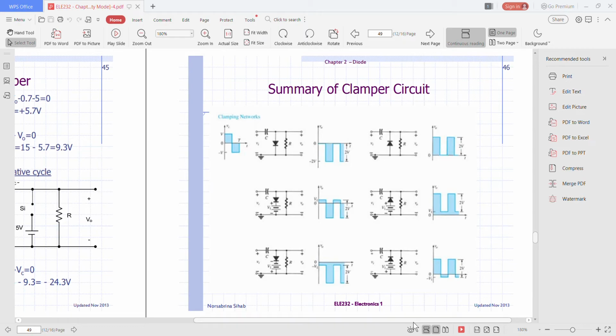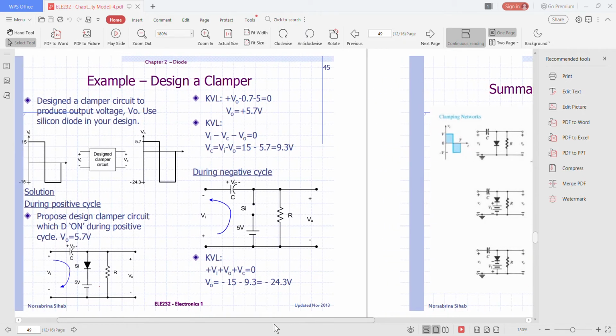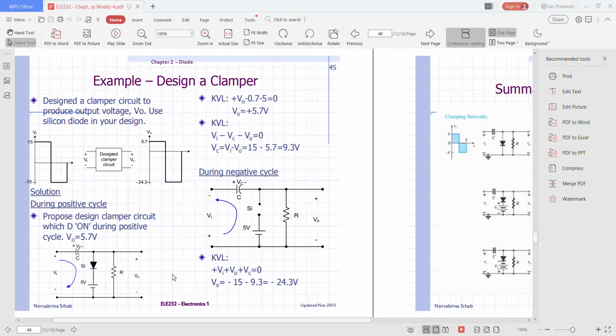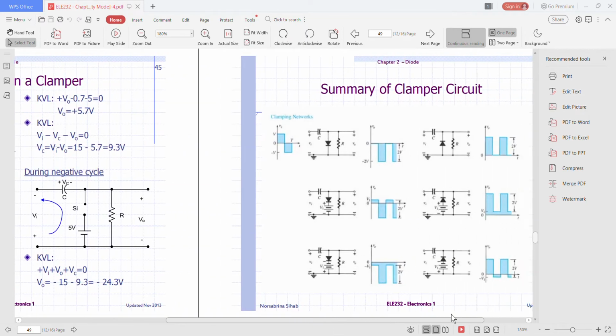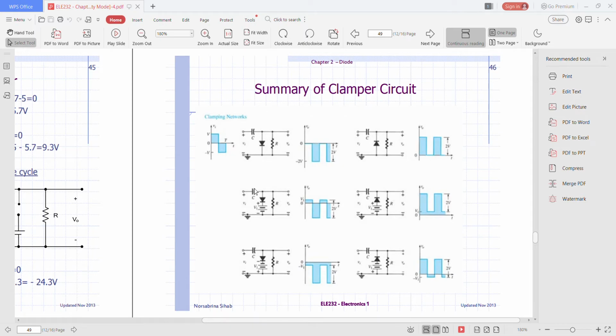Remember to understand the example here, how to design a clamper, because I'm going to ask you your feedback in the next class. So this is the summary of clamper circuit, as you can see in the notes here.